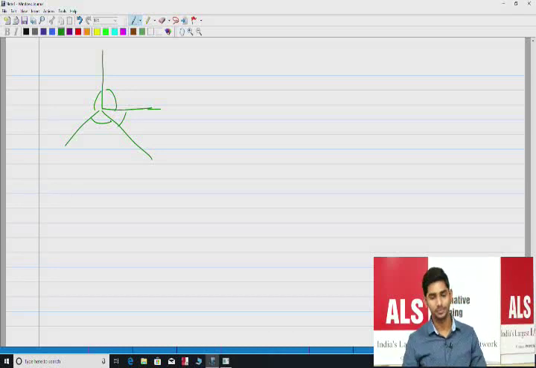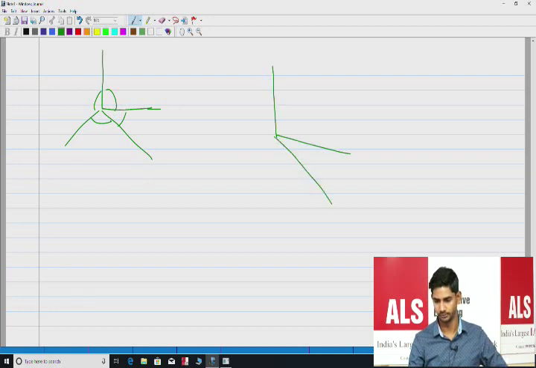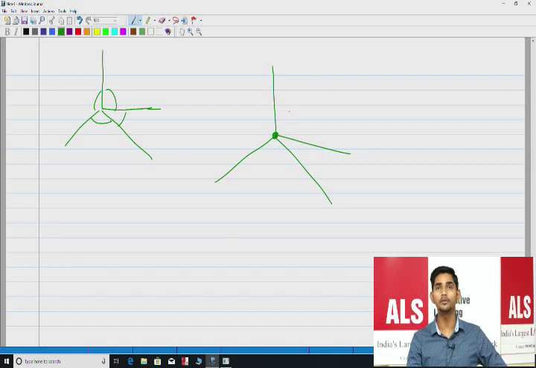So first of all, remove that concept that here the bond angle would be 90 degrees. Now, second part. The point was what should be the maximum possible bond angle between these four lines which are connected to each other. Look at this arrangement. This is a kind of tetrahedral.